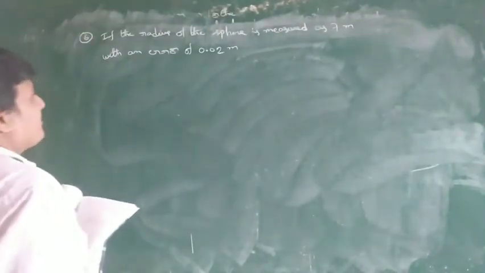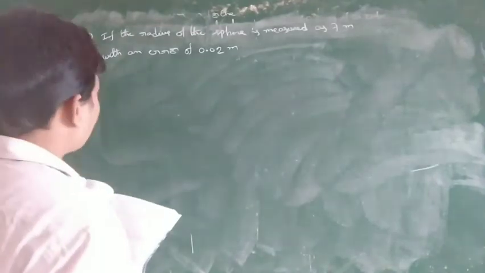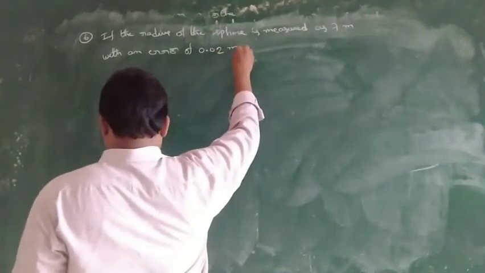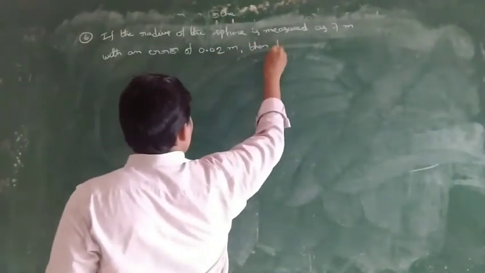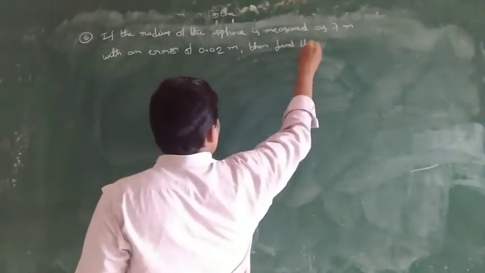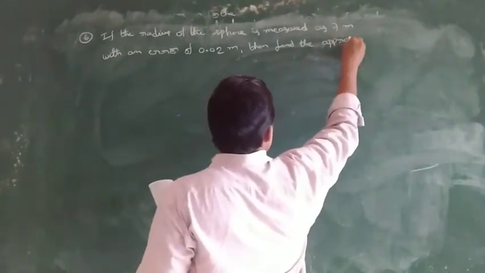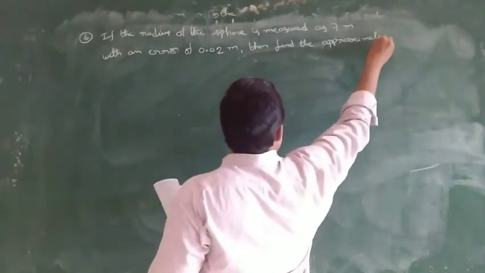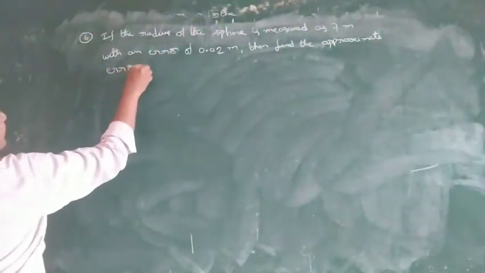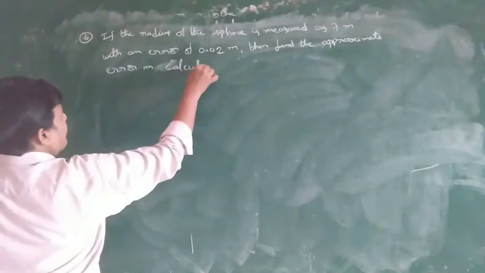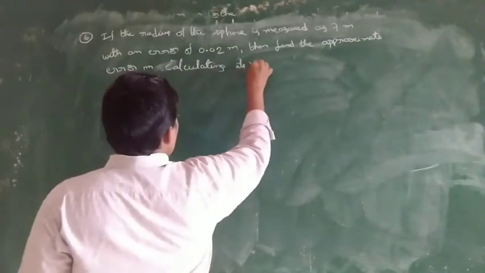The radius error. Then find the approximate error in calculating its volume.